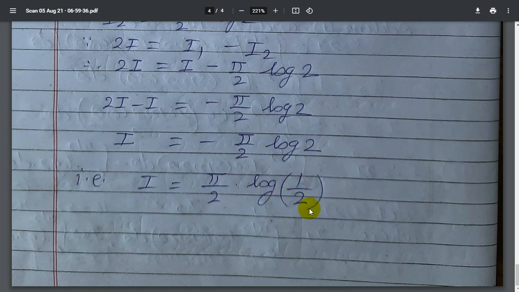Or log m by n is log m minus log n, so log 1 minus log 2. Log 1 is 0, 0 minus log 2, that is minus log 2. So again we get minus pi by 2 log 2. So you have two answers for this question: I equal to minus pi by 2 log 2 or I equal to pi upon 2 into log 1 by 2. It depends on you which answer you want.